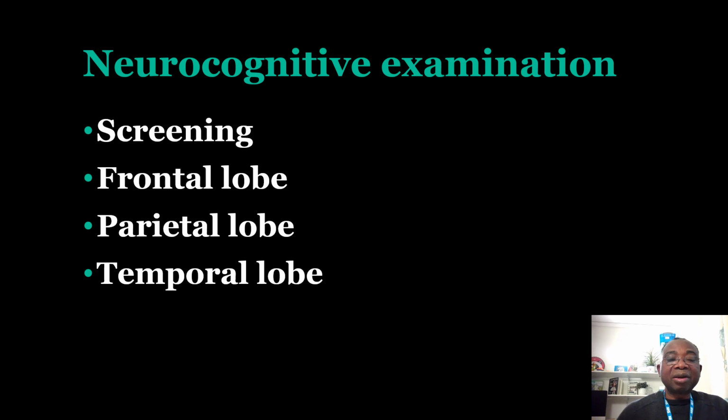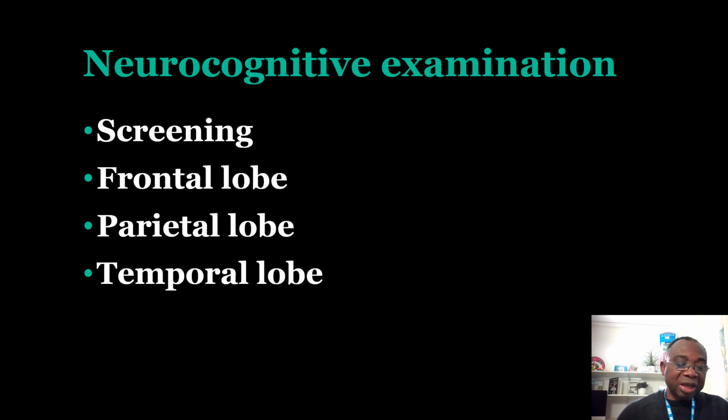The next lobe is the parietal lobe. There are a few terms here. Acalculia: ask the patient to perform simple calculations with pen and paper. Example, serial sevens: take 7 from 100, then 7 from the answer, and so forth.